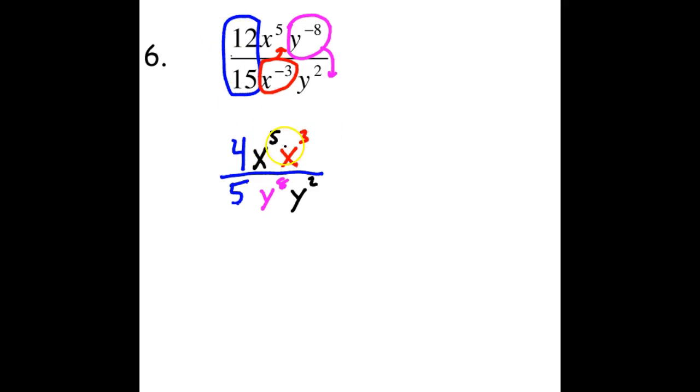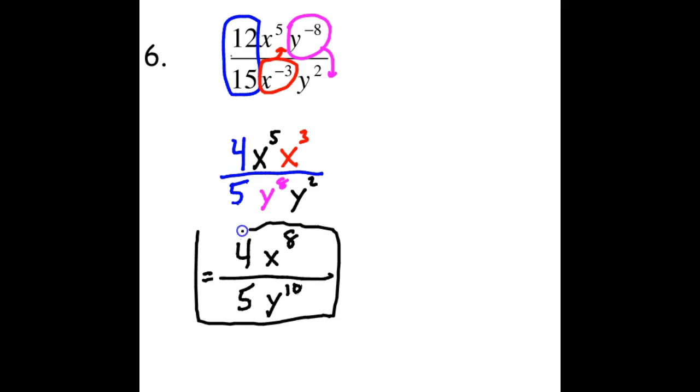Okay. And then we can simplify. On top we have x to the 5th, x to the 3rd, so altogether you have 8 x's. And on the bottom we have the 5. And we have 8 y's and 2 more y's, so we have 10 y's altogether. So again, breaking up into the coefficients and then one variable at a time.